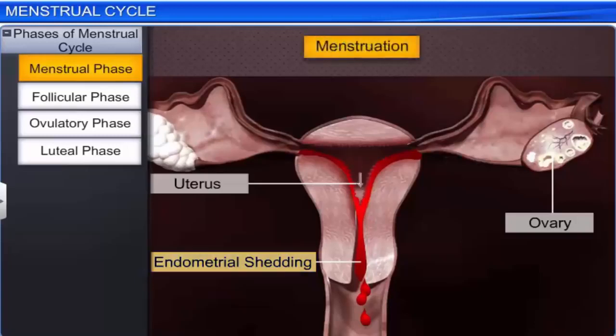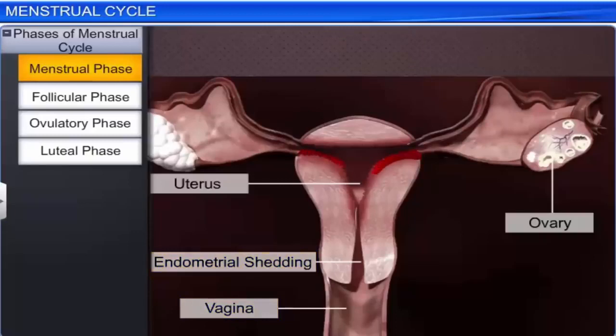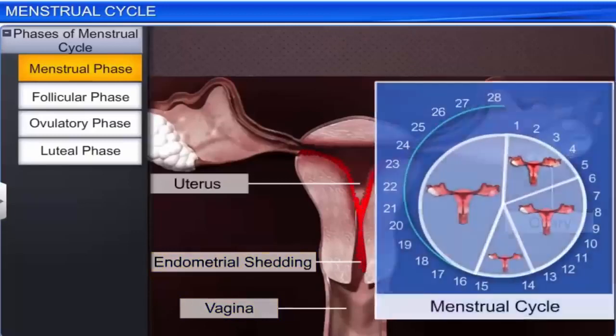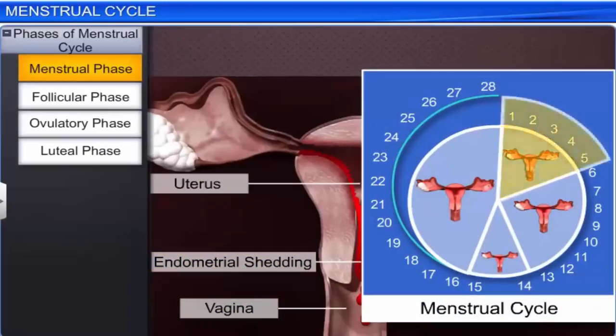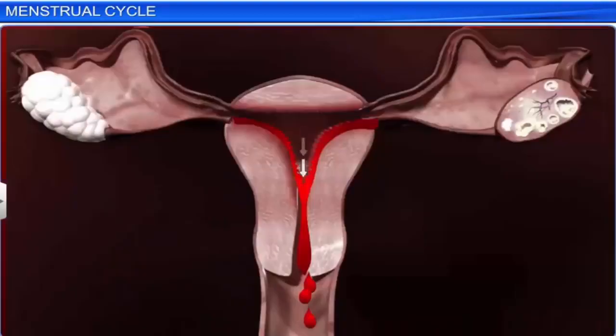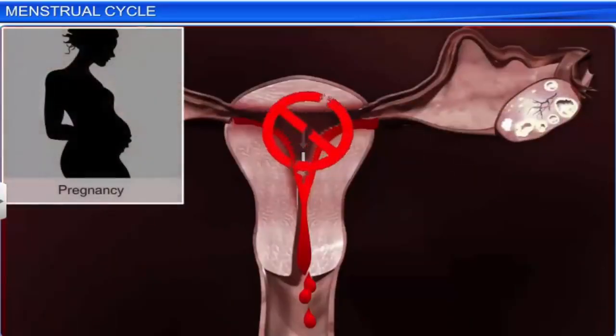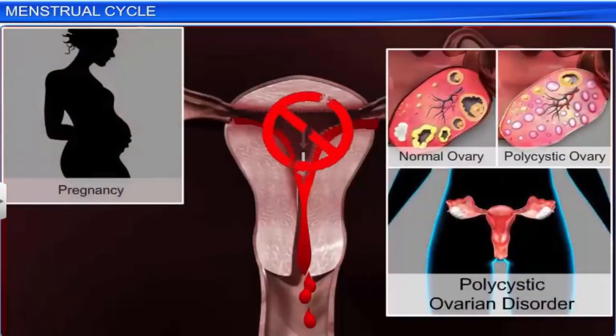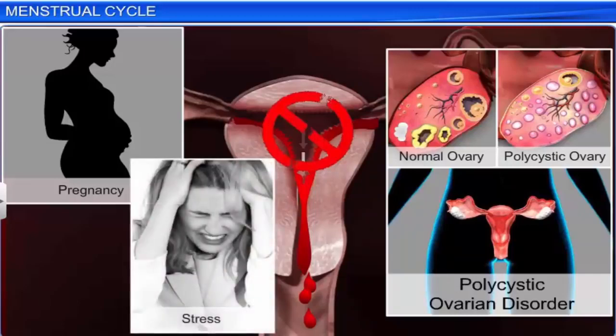The menses are discharged through the vagina as menstruation or menstrual flow, which lasts for 3 to 5 days from the beginning of the menstrual cycle. Interestingly, the absence of menstruation indicates pregnancy or ovarian disorders such as polycystic ovarian disorder, or even factors such as stress and ill health.